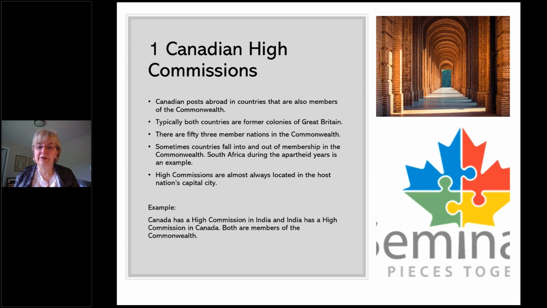They had to do a lot of changing things, such as their signs out at the front of their missions, all of their letterhead, every kind of documentation that they had in the embassy had to be changed into High Commission things. That's just a very small example.